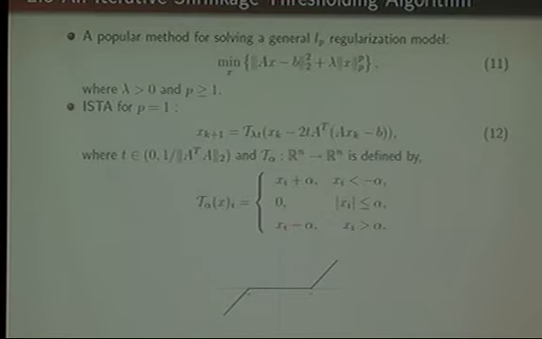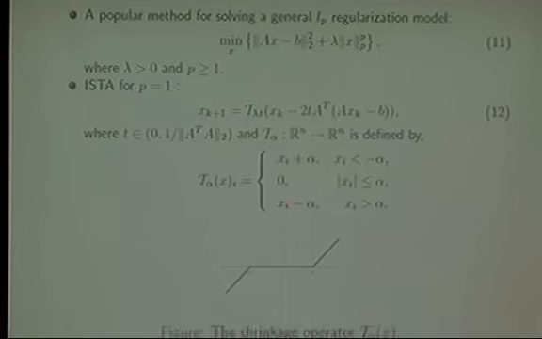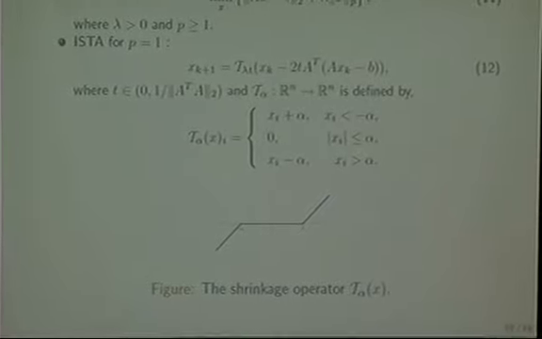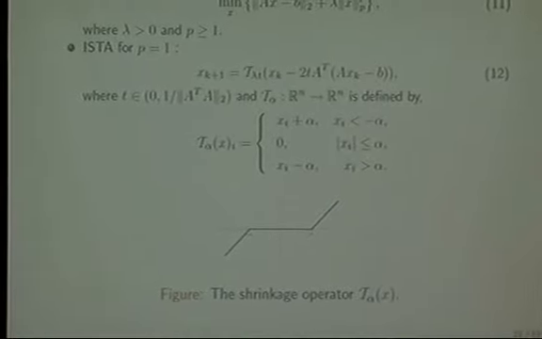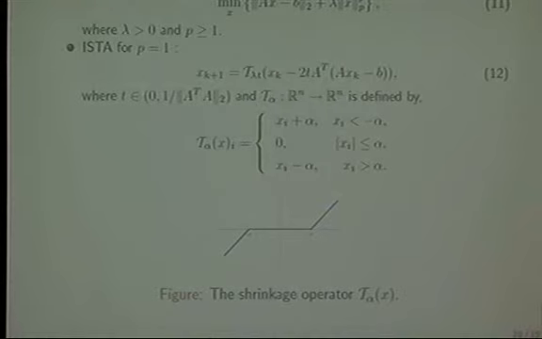This is the shrinkage operator. So when the vector gets out of that range, just truncate. This is a very simple idea.